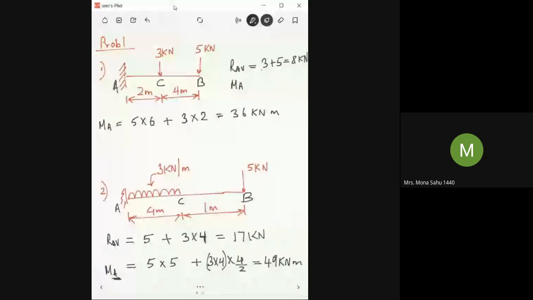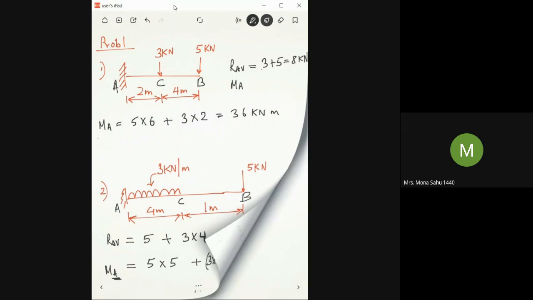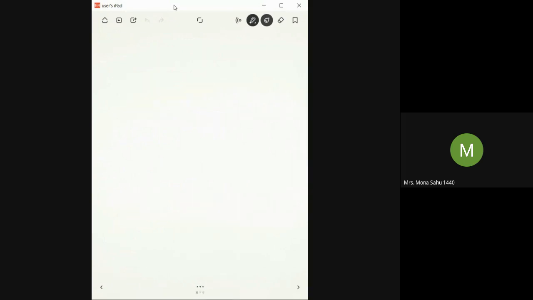Don't forget the units. Can we go to the next problem? All right, the next one is, this one I want you guys to solve.